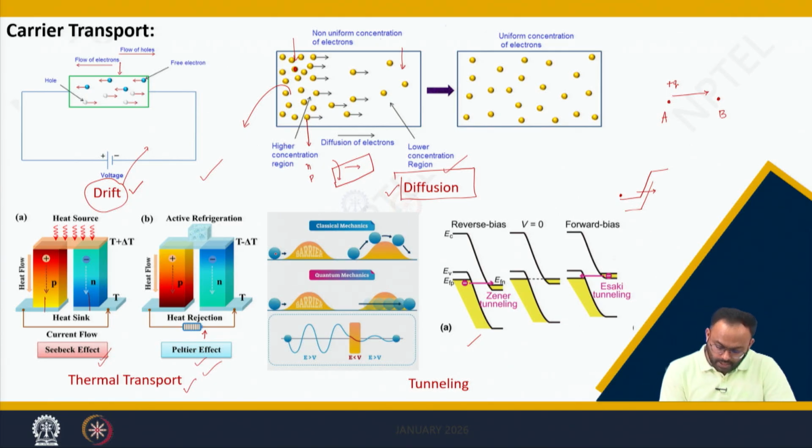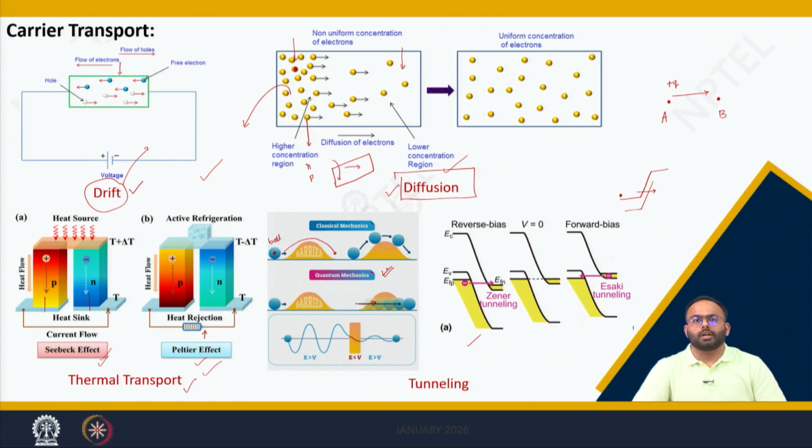Classical theory says that if a particle, let's say a ball, needs to go to the other side of the hill, then it should have this much energy to surpass the barrier. But there is a possibility that the ball can tunnel. This can be described by quantum mechanics. So again, in this course we are not going to discuss tunneling, and we'll only focus on drift and diffusion.